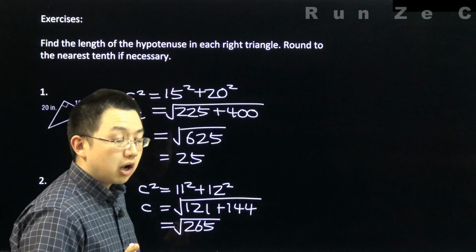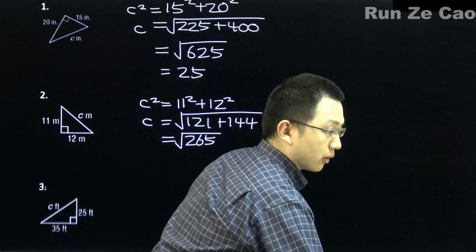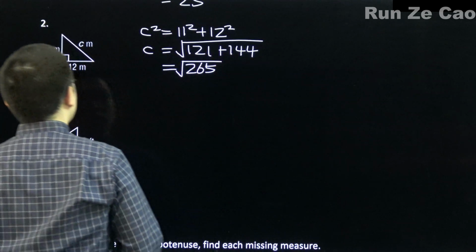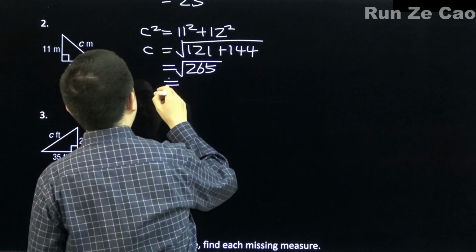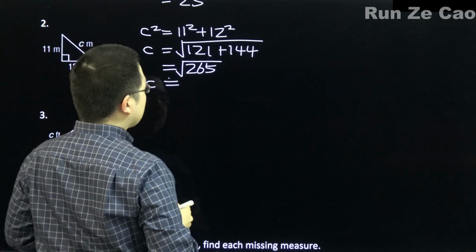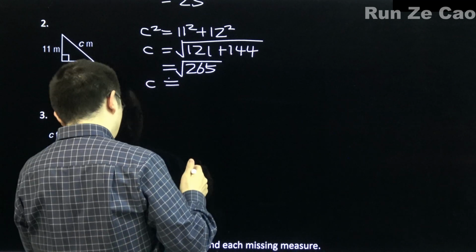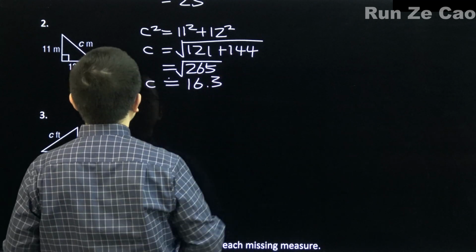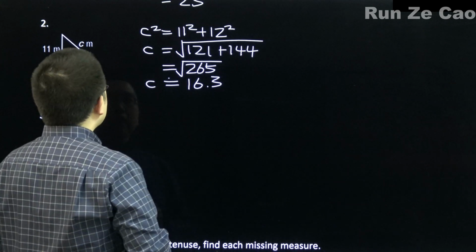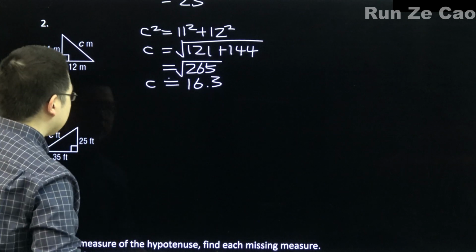Check back at the problem whenever you need to, okay? Better to check back half a dozen times and then get it right than to not check back out of misplaced pride and get it wrong. 16.3. And yeah, this is in meters, but meters is already stated here, so we leave it at that.